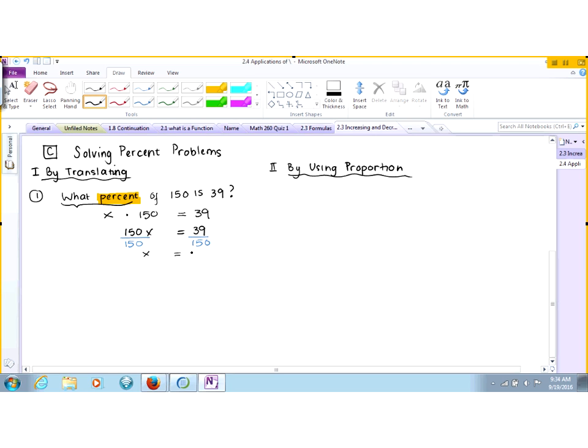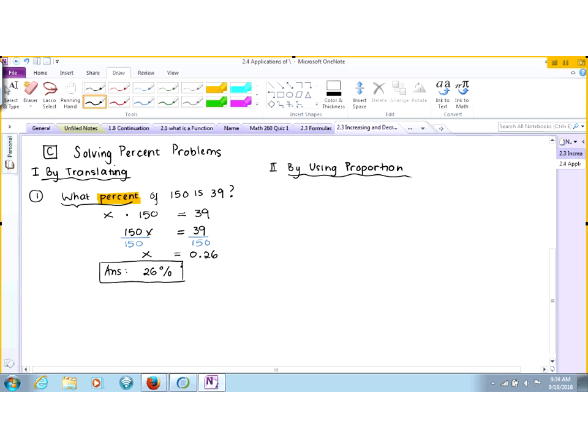Now you can use your calculator. What is 39 divided by 150? It is 0.26. Is this my answer? No, I have to change it to percent. So 0.26 is 26%. Good, this is how you want to answer it in percent.